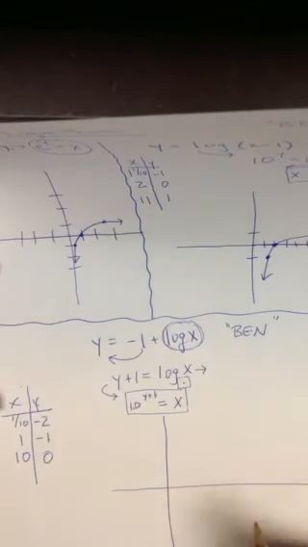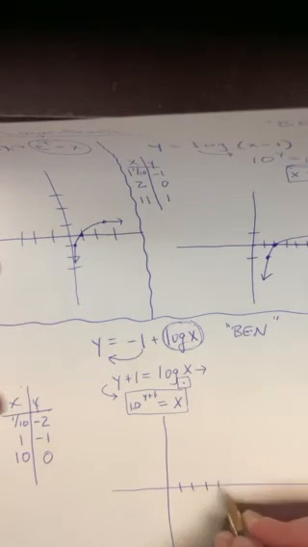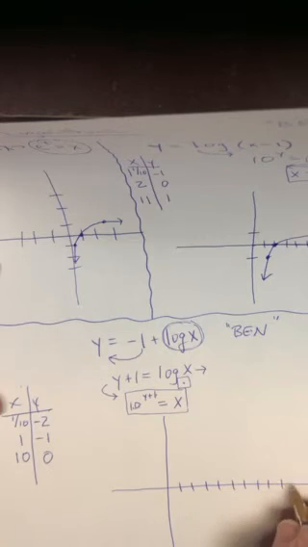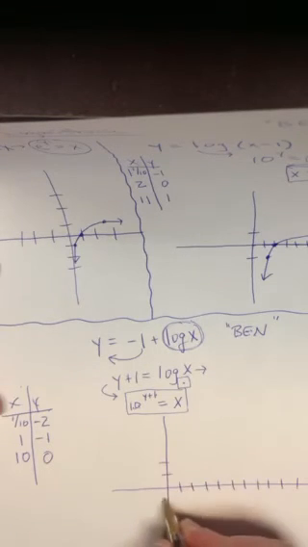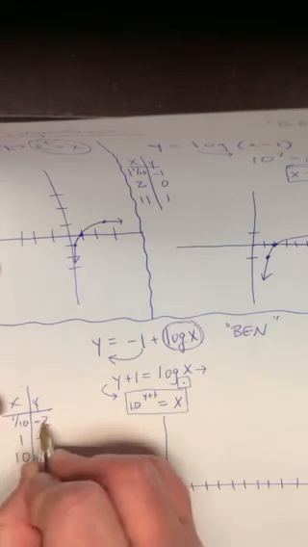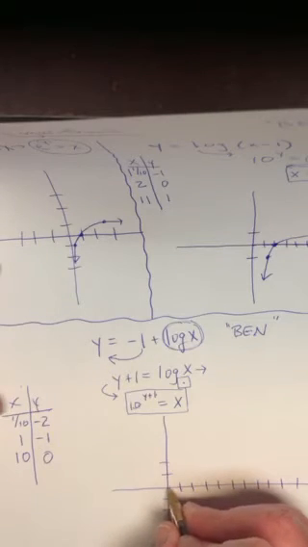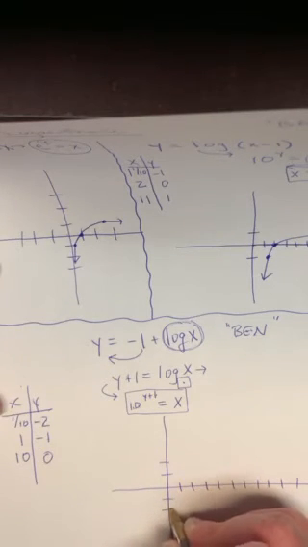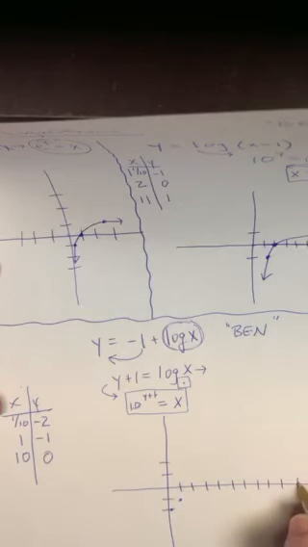Once again, I'm going to extend the x-axis kind of far here, because I am going to plot 1/10 comma negative 2. So I'm going to go right 1/10 and down negative 2, right 1 down 1, right 10 and up 0.